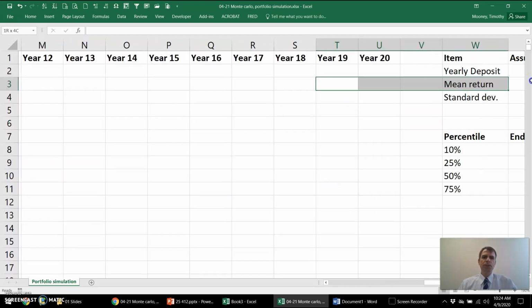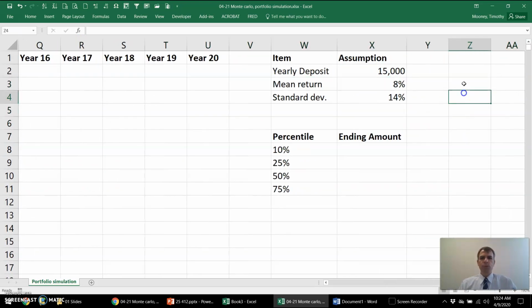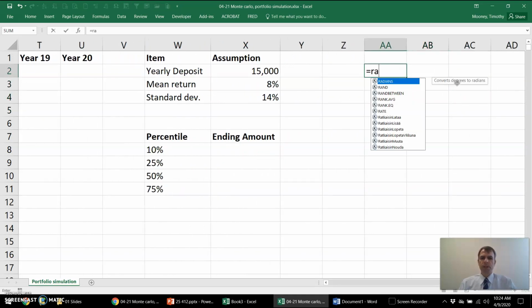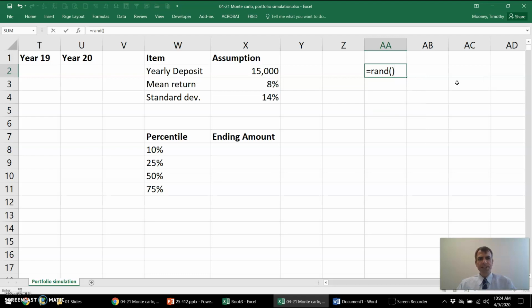But let's do a brief review of how to simulate normally distributed returns. The kernel that feeds that is the RAND function, some random number between 0 and 1. If we take this to be a percentile, then the NORM.INV function would tell us, what's the 75th percentile of a normal distribution with a mean of 8% per year and a standard deviation of 14% per year?